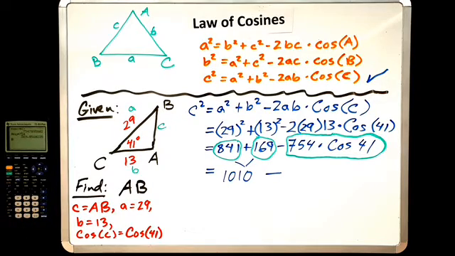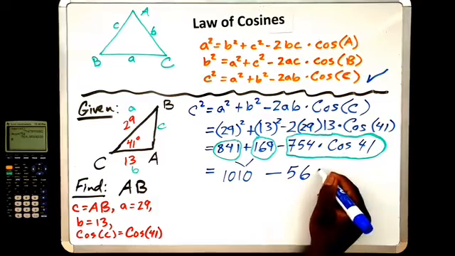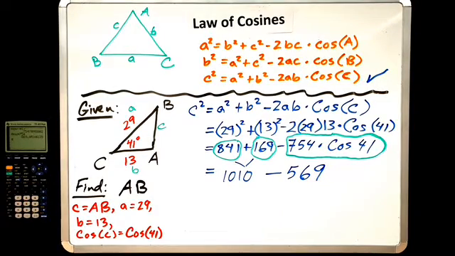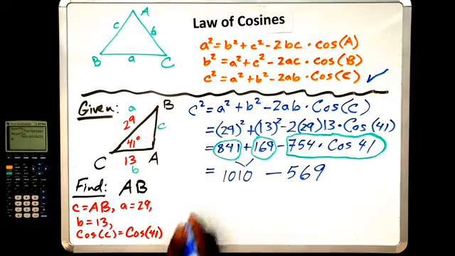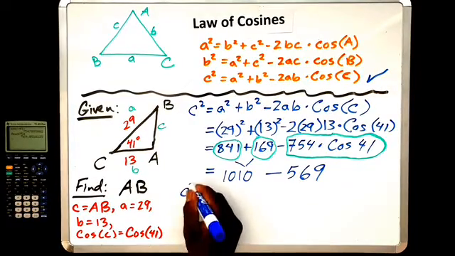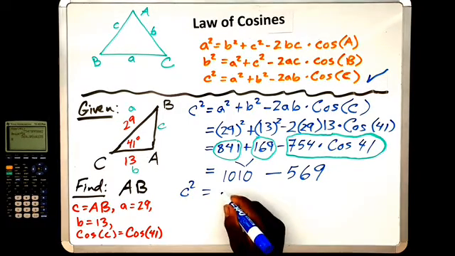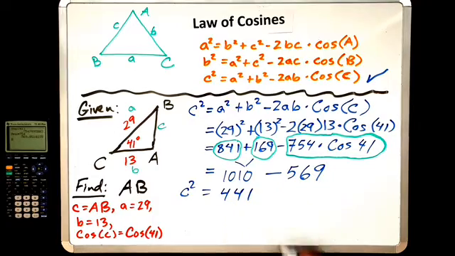When I do that, I get 569.05. So I'm just going to round that to 569. Look at that. Now it's looking very simple. All right. Let's remember it's all c squared. And then what we get is c squared equals, so 1010 minus 569, we get 441.